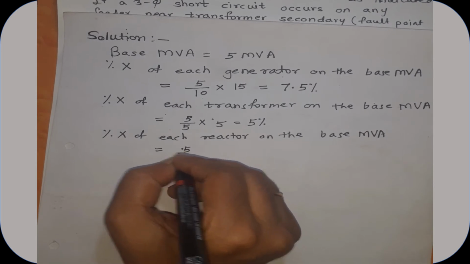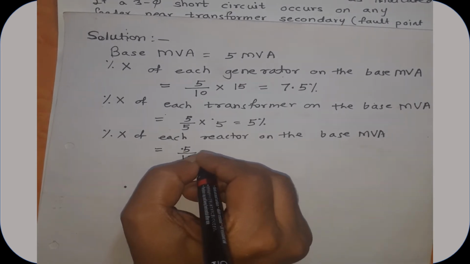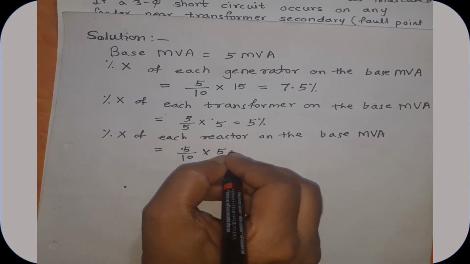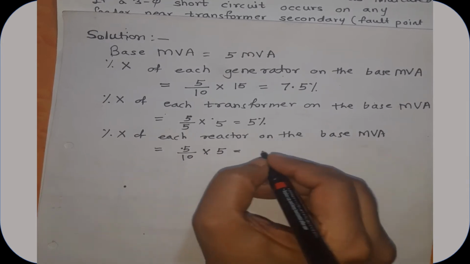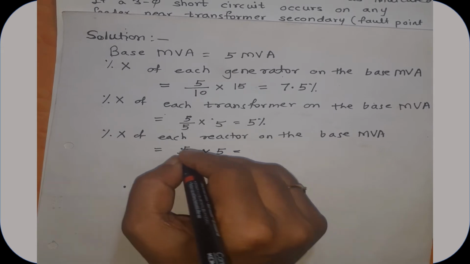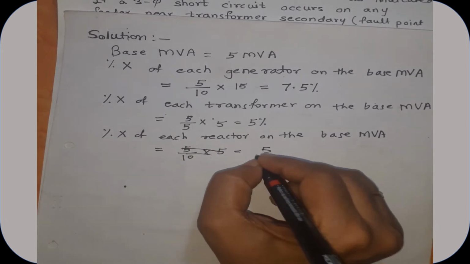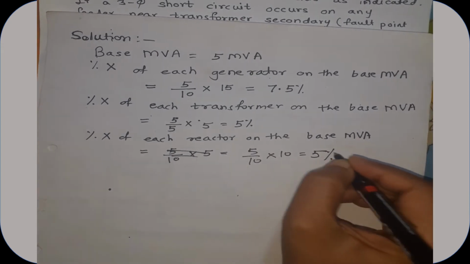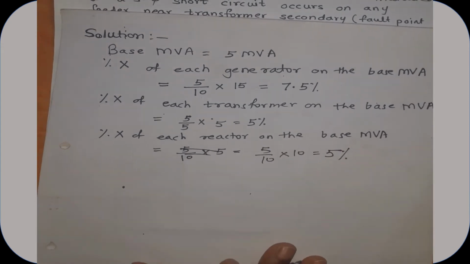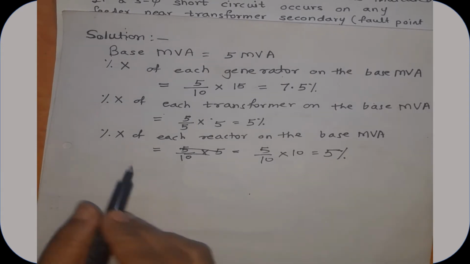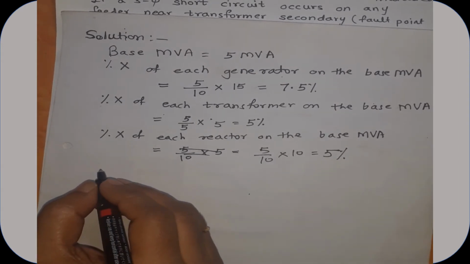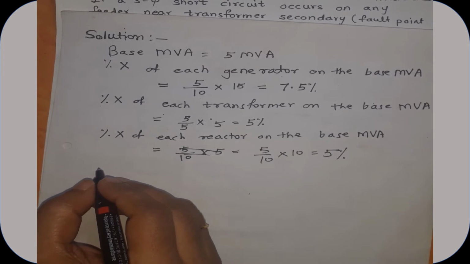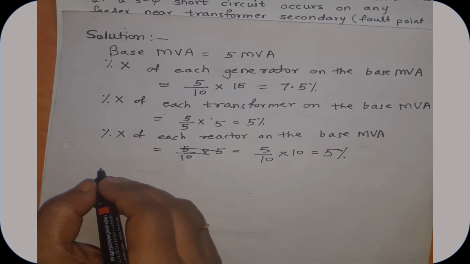So it is 5 divided by 10 into 10. So it comes to 5%. In this way we have the base reactances of all components on a common base. So the next step is drawing the percent reactance diagram for calculating the equivalent reactance of the complete system up to the fault location.